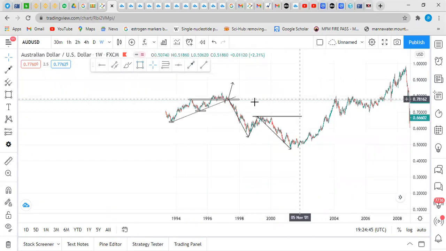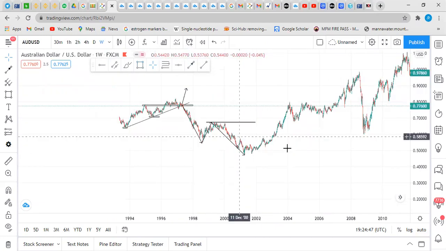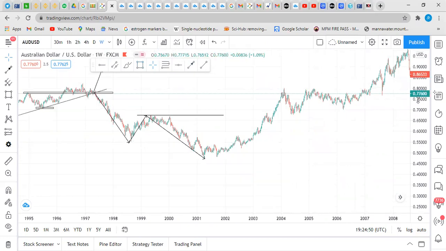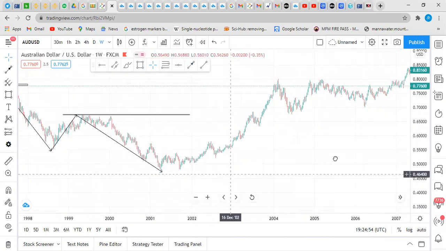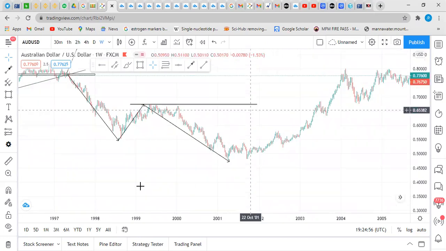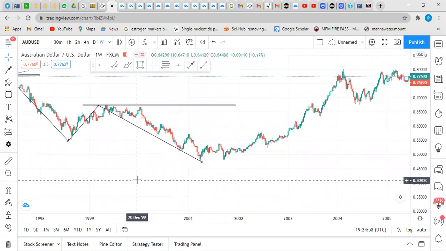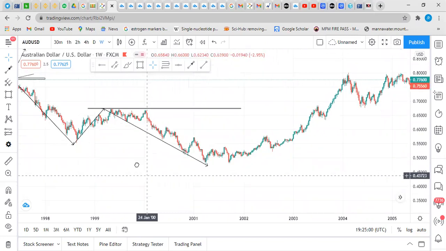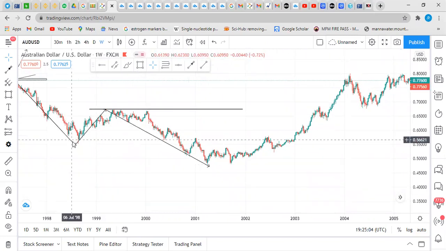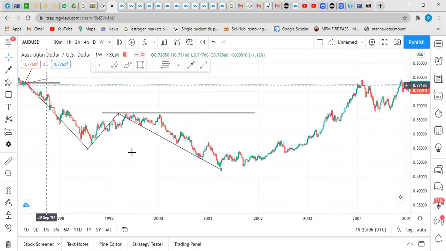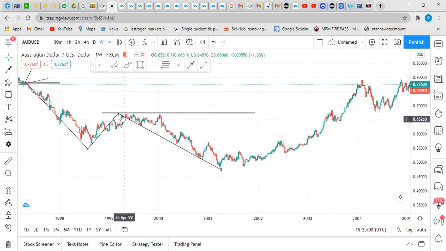So let's zoom in and see what happened. So how are we going to draw our trend line for this downtrend? So we realize after we have this move back down, after we have this big drop, this was our first high.